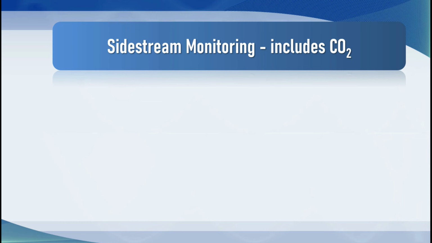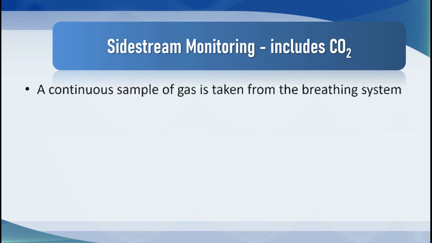As a consequence, sidestream CO2 monitoring was developed and rapidly became the standard approach in the operating room. In this system, a continuous sample of gas is taken from the breathing system, usually via an attachment built into the heat and moisture exchanger.